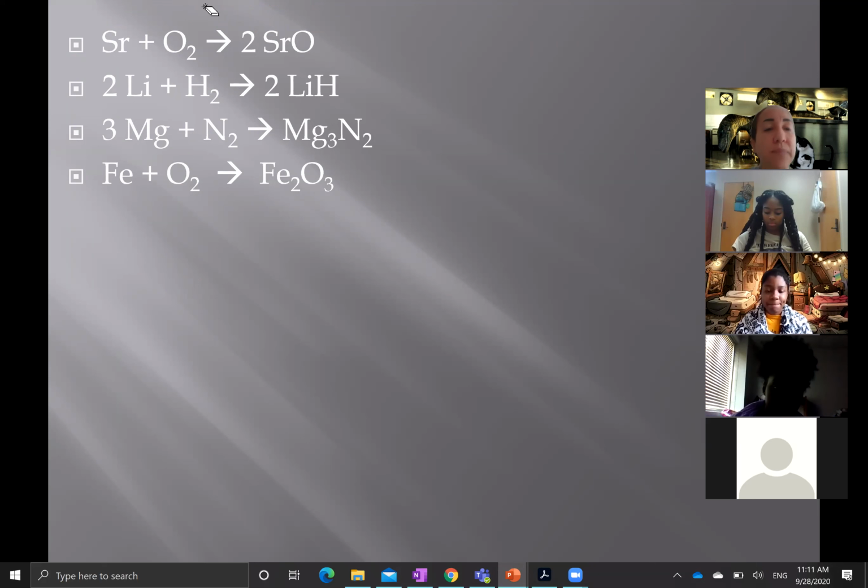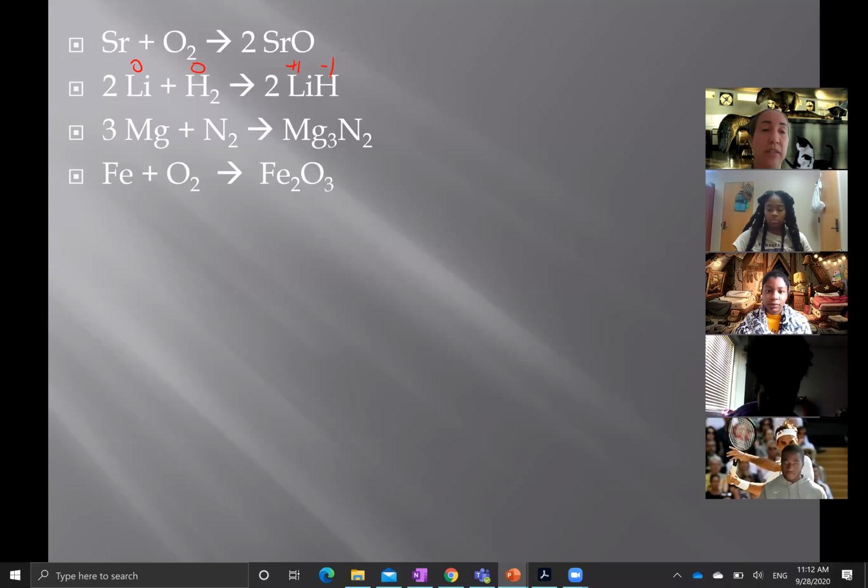Okay, so go ahead. Lithium will be 0 and H2 will be 0 as well. Okay, other side. Lithium will be +1 and hydrogen will be +1. No, hydrogen will be -1. Correct. So that's weird, but that's the first time we've seen that.